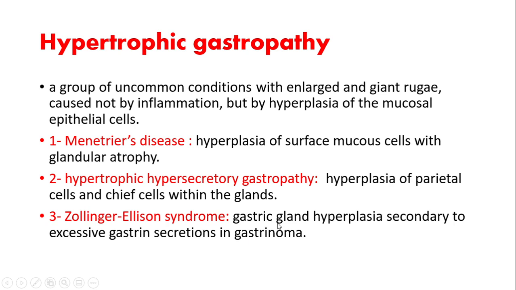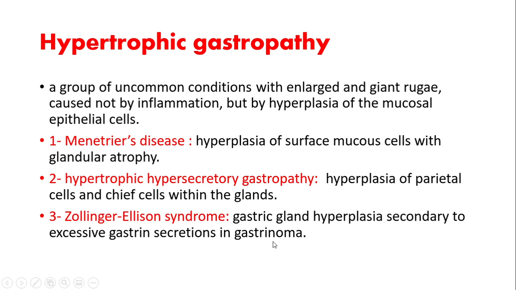Zollinger-Ellison syndrome is related to excessive gastrin secretion in gastrinoma, a tumor of G cells in the stomach, or even in the pancreas, secreting excessive gastrin without negative feedback mechanism. Gastrinoma: there is a tumor secreting this gastrin hormone, so there is no feedback inhibition.